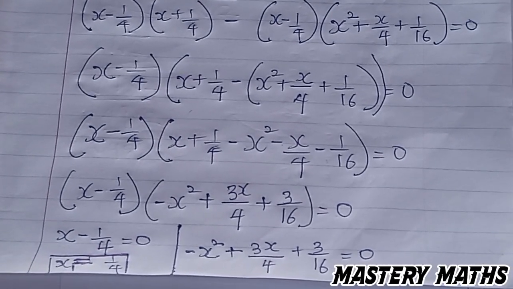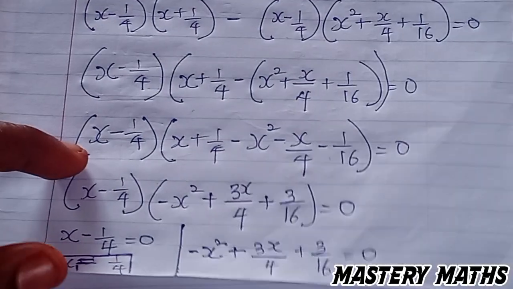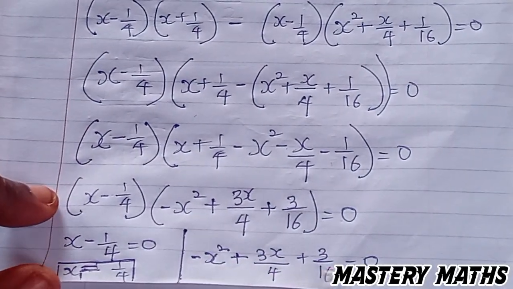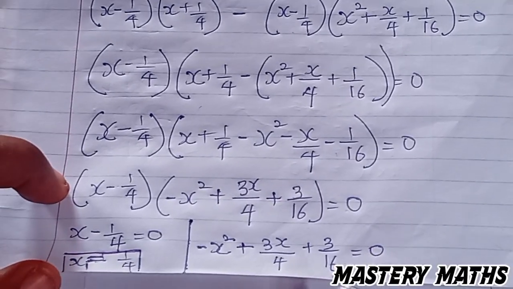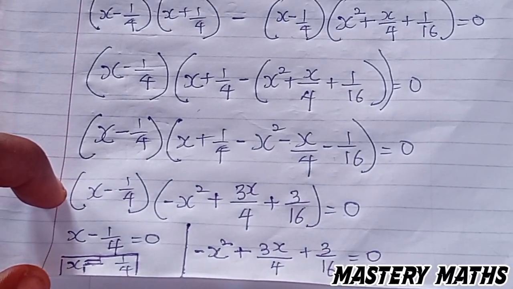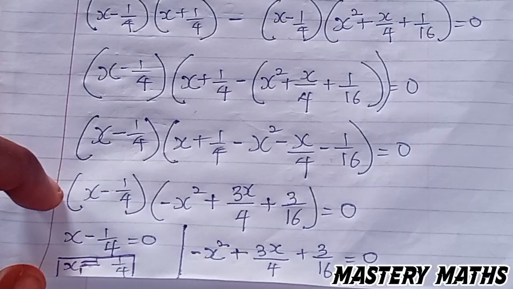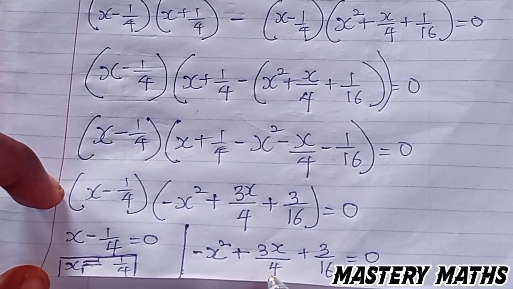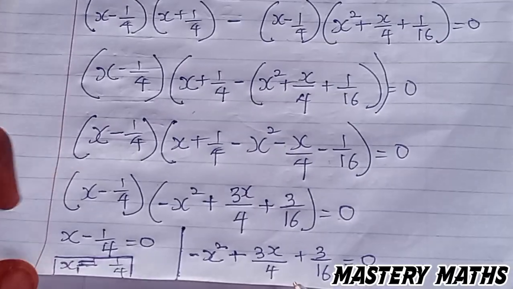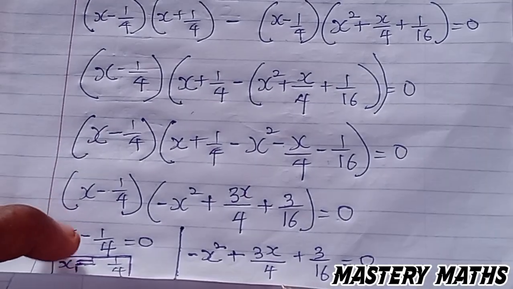In order to change it to a positive sign, what should we do? That means we need to multiply this side with a subtraction sign. Before we multiply by the subtraction sign, first of all, we need to look for the LCM of 4 and 16. The LCM of 4 and 16 is 16.